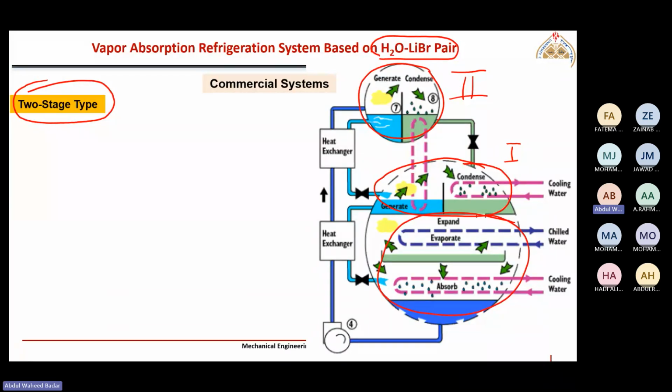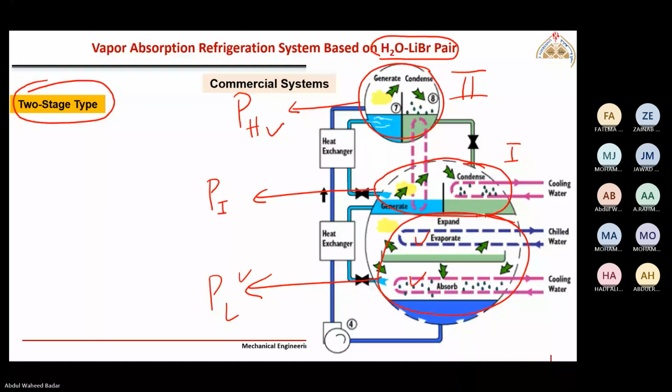And this is the same absorber and evaporator, at some low pressure. But now you have two high pressure generator condenser combinations. That is the highest pressure generator and condenser. That is, you can say, intermediate between this and this, intermediate generator and condenser.